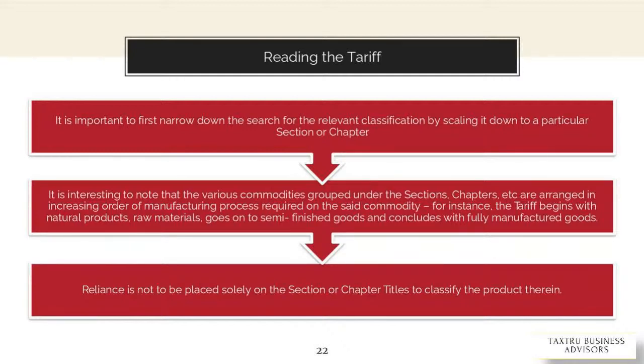Then in that heading, you see whether you have imported the parts of that machinery, or semi-designed machinery, or the fully manufactured machinery. So there will be various kinds of headings, defined in a manner that they start from raw material and conclude with the fully manufactured.